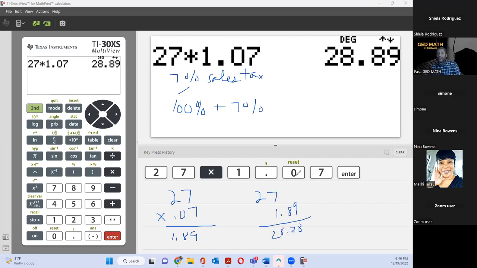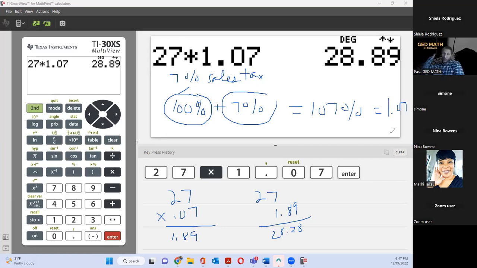Instead of doing 3 steps, what you realize is tax is added on. So if I need to add something onto the bill, 100% is the total bill. That's the total amount. Now I'm adding 7%, so I have 107%. So now I change that to a decimal, 1.07. Now multiply by 1.07, I get 28.89.